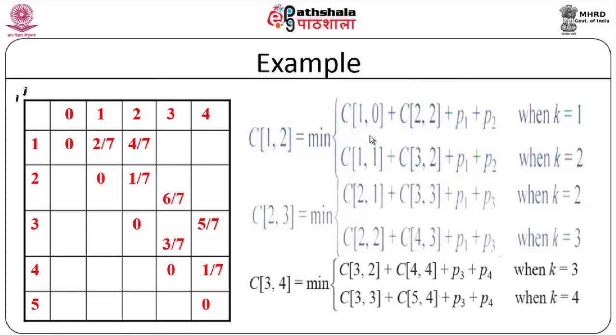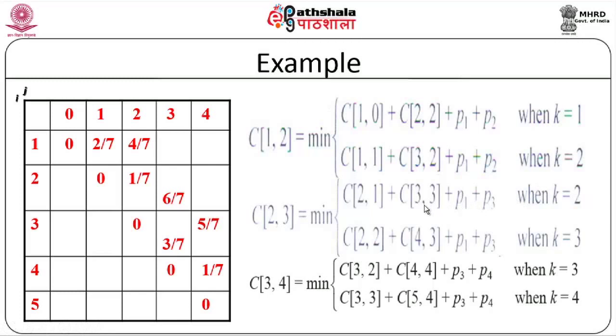We have 2 elements, therefore it is going to be P 1 and P 2. This is when k is equal to 1, and when k is equal to 2, it is going to be C of 1 comma 1 plus C of 2 comma 2. This is when k is equal to 2.